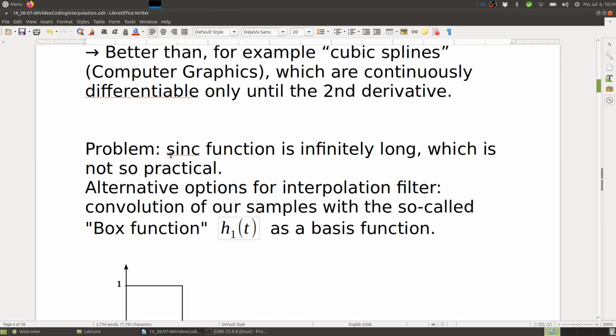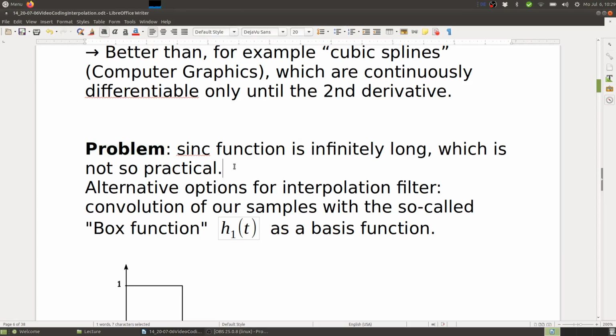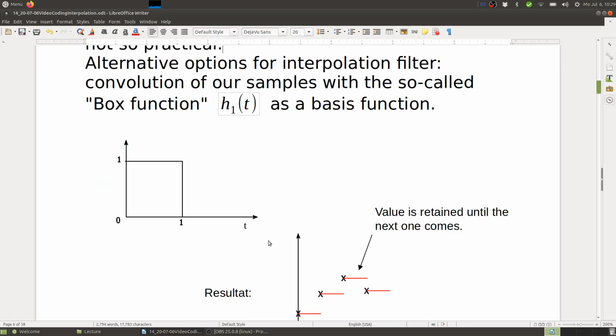Yeah, so the problem here is the sinc function is infinitely long, right? It starts at minus infinity and goes up to plus infinity. So that's not so practical. An alternative option for the interpolation filter is a convolution of our samples with a so-called box function as a basis function. And this is really short, right?